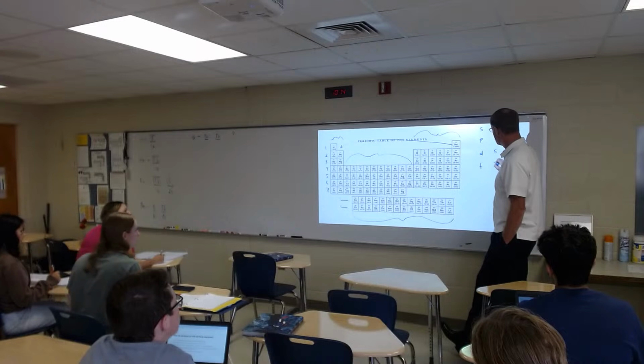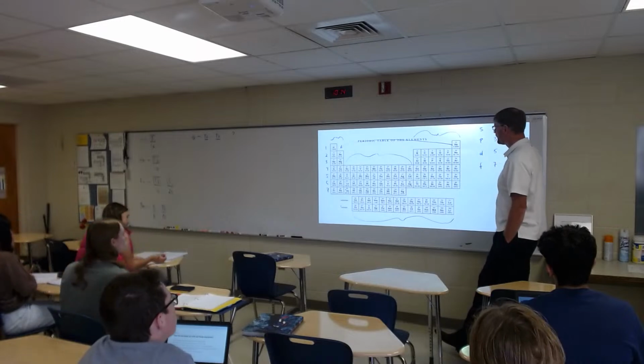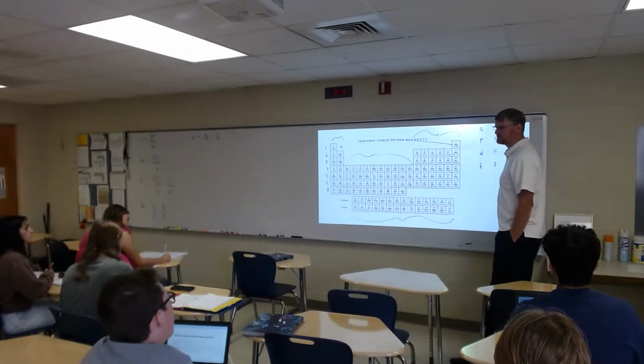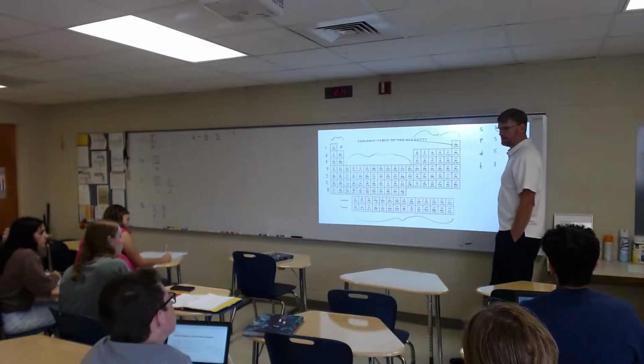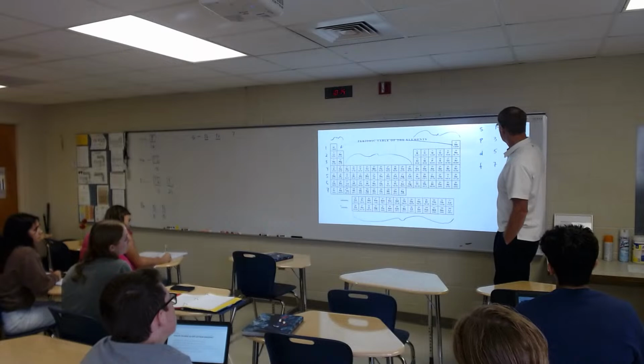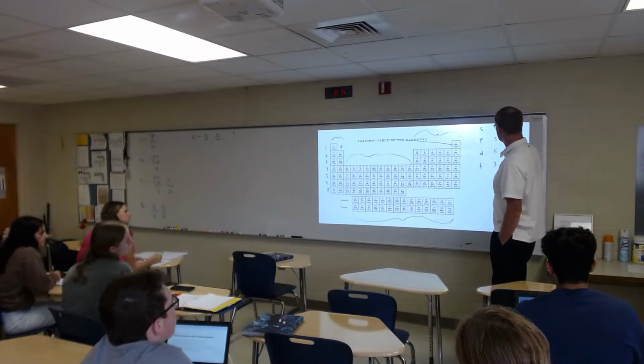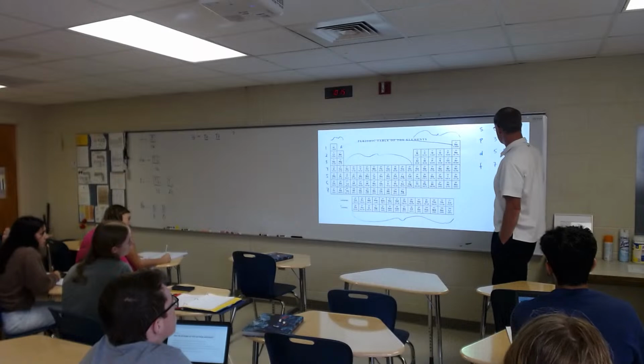And the F's? 7. And the Pauli exclusion principle said you could put how many electrons in each orbital? Maximum of 2. 1 times 2 is what? 2. 3 times 2 is what? 6. 5 times 2 is 10. 7 times 2 is 14.